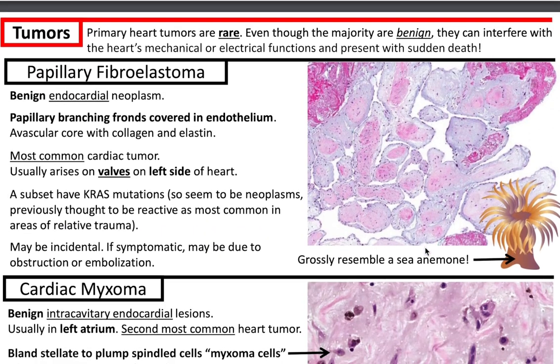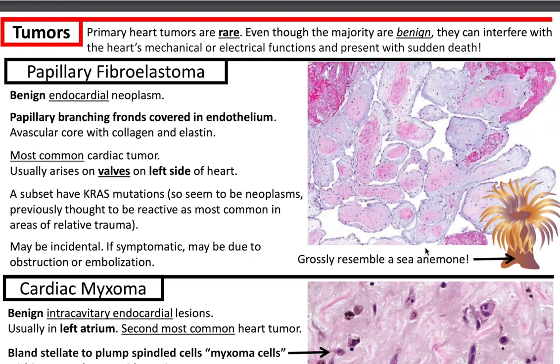Tumors. Primary heart tumors are rare. Even though the majority are benign, they can interfere with the heart's mechanical or electrical functions and present with sudden death. The most common cardiac tumor is papillary fibroelastoma, which grossly resembles a sea anemone, as you can see here. It's a benign endocardial neoplasm. Architecturally, you'll see papillary branching fronds covered in endothelium.